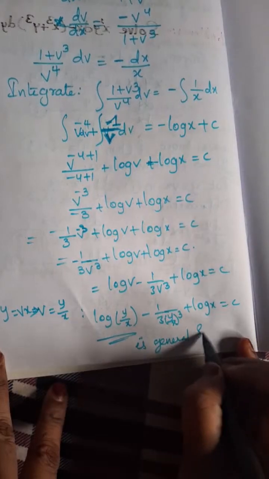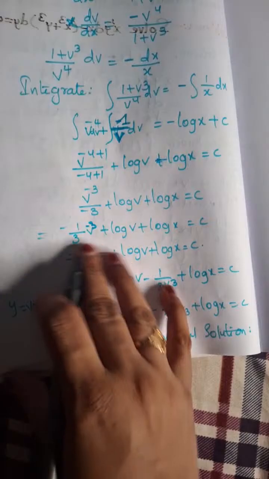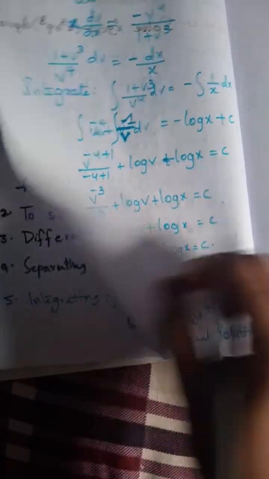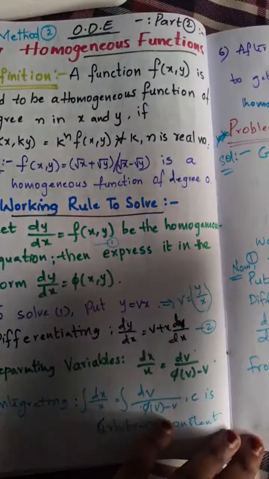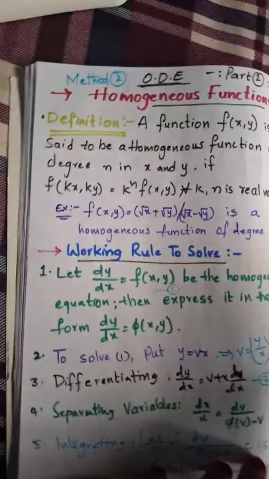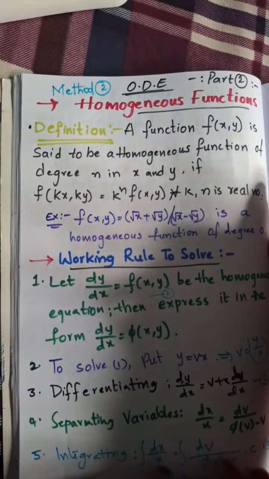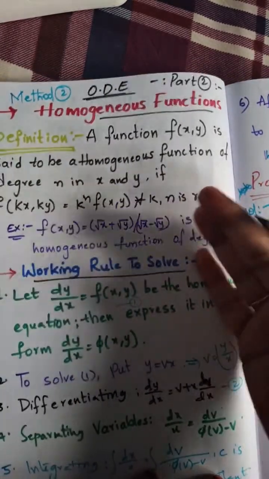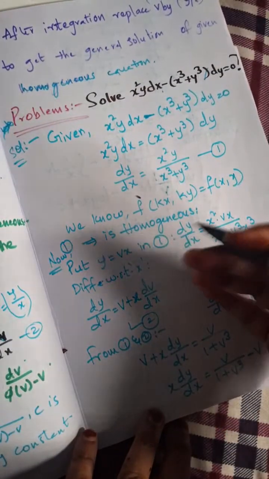Okay, like this we have to solve the homogeneous differential equation, second method from the ordinary differential equation chapter. Please watch the complete video so that you can understand this part 2, method 2 of ordinary differential equation chapter, working rule, definition, and how to solve an important problem in exams.